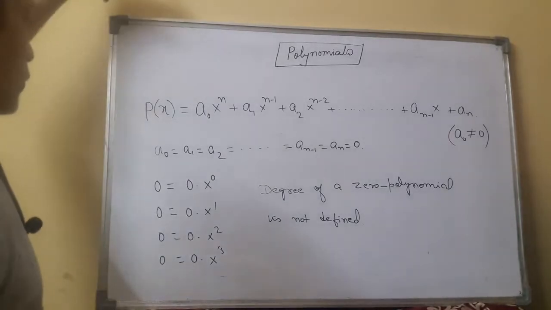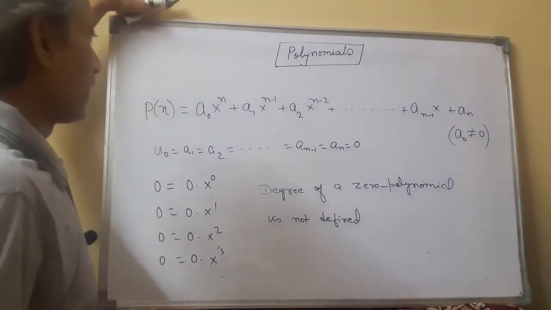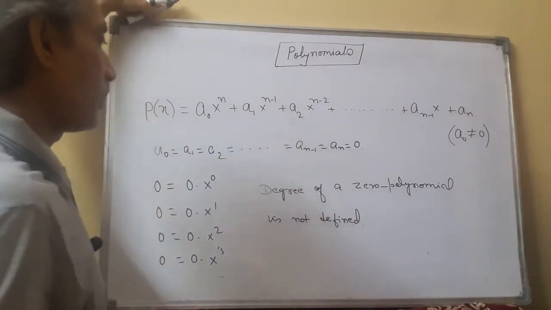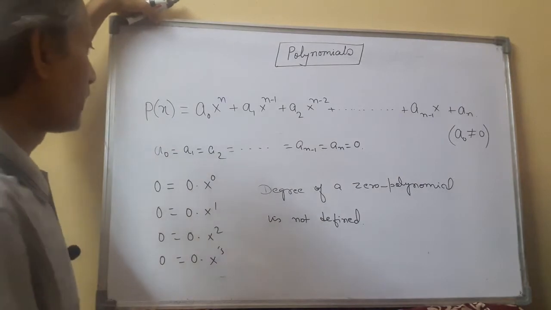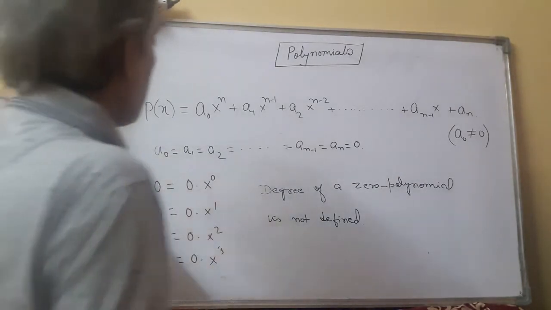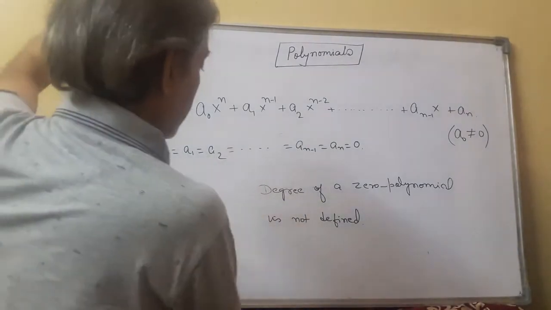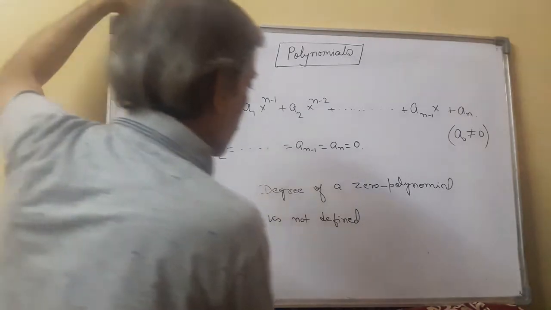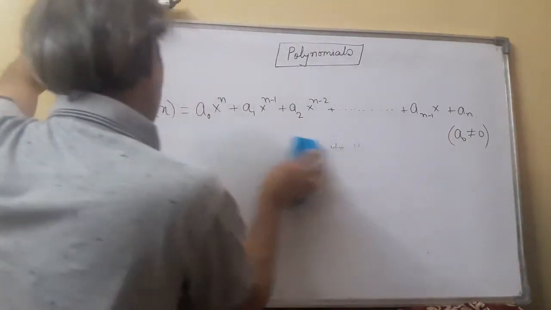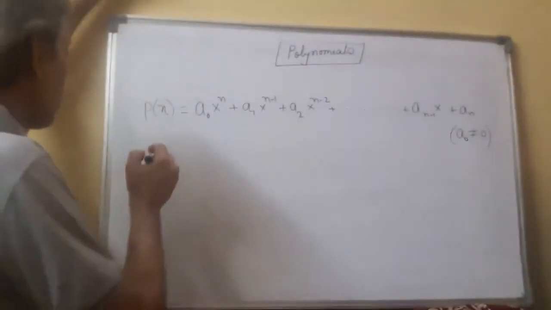Now I move on to linear. I have discussed the zero polynomial, the degree of the zero polynomial, and the non-zero constant polynomial. Next in the line is linear. Then comes quadratic, cubic, biquadratic, and so on. What about a linear polynomial?